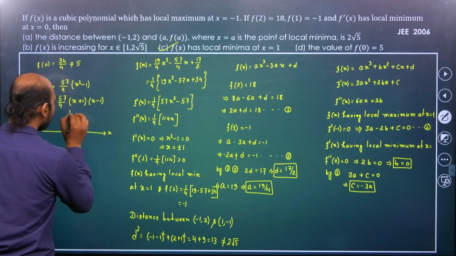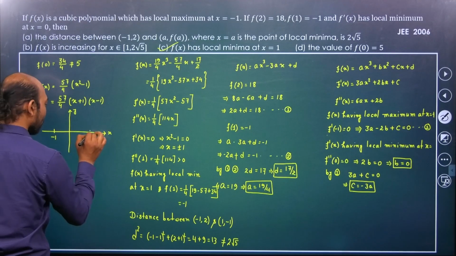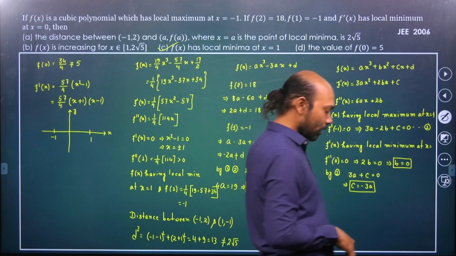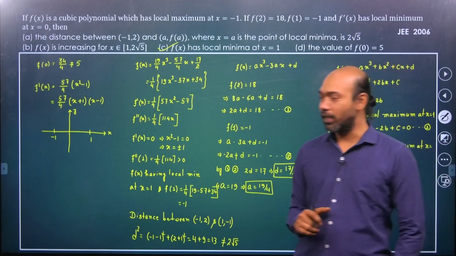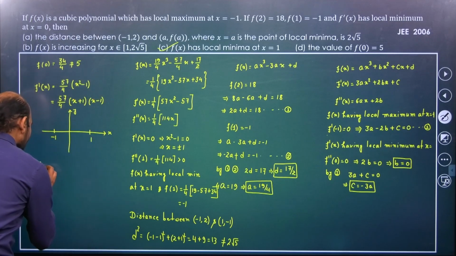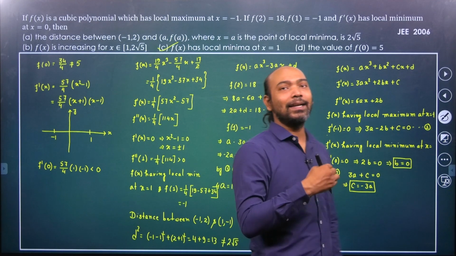So this is my y axis, this is x, and we mark the point minus 1 and the point 1. Now take any value anywhere, right? So take the value at x equal to 0. Let's calculate f dash of 0. That gives me 57 by 4 into plus 1 and minus 1. That means it is less than 0. Therefore, the function will be less than 0 at x equal to 0.